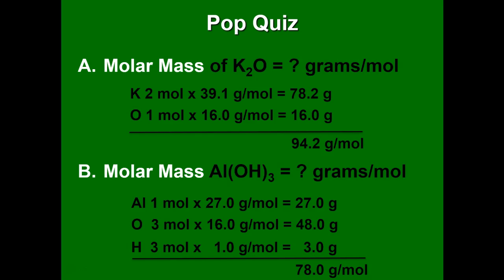So we need 1 mole of aluminum atoms, which weighs 27 grams, 3 moles of oxygen atoms, which at 16 grams apiece weighs 48 grams total, and then 3 moles of hydrogen, which at 1 gram per mole of hydrogen atoms gives us 3 grams of hydrogen, and that adds up to a total of 78.0 grams per mole of aluminum hydroxide.